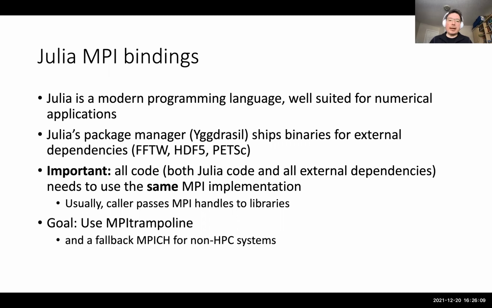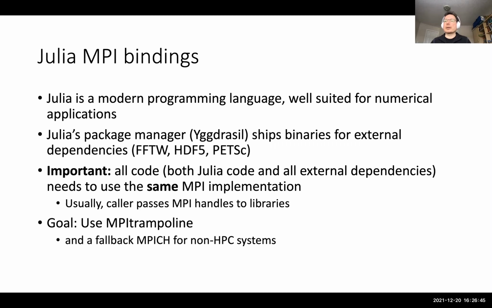And when it comes to MPI, it's very important that within a whole application, that's both Julia and all the other external libraries, FFTW, HDF5, PETSc, and so on, they use exactly the same MPI library. Because MPI is initialized once, and then you get your communicator object, and you pass this communicator object to other places. So if you want to do a Fourier transform with FFTW, then the main program starts up MPI and passes the communicator to FFTW.